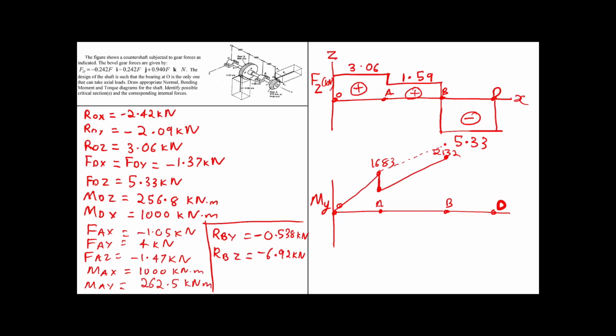But since we have an external moment, we have moved down, and hence the next value is with respect to the bottom point, because again the moment diagram would be a continuous diagram, so we have to go as per the loads that are applied. Now the last area is 5.33 times 400, and that is negative, and it ends at 0. So this is the moment diagram about the y-axis.